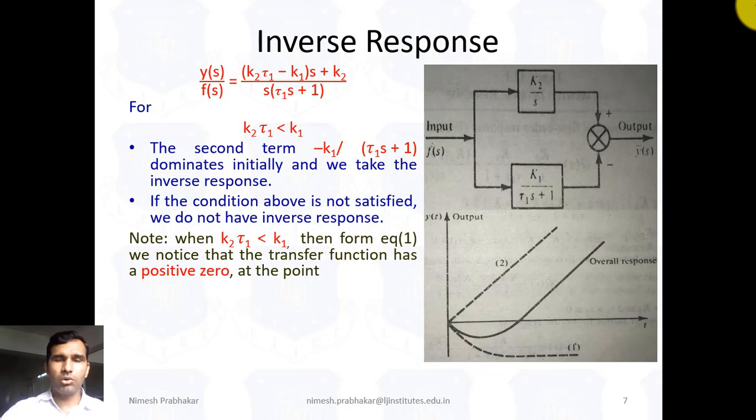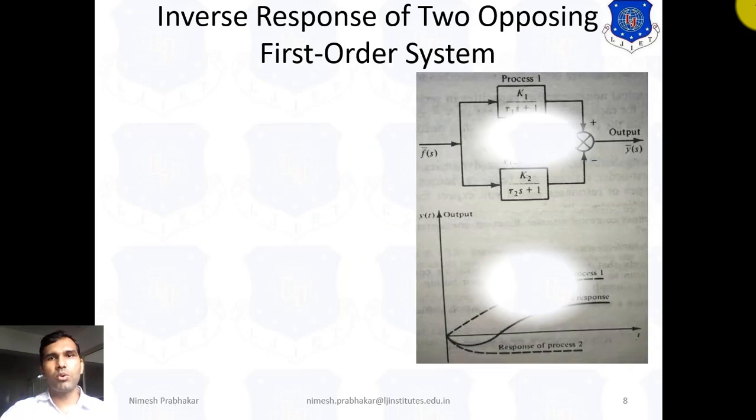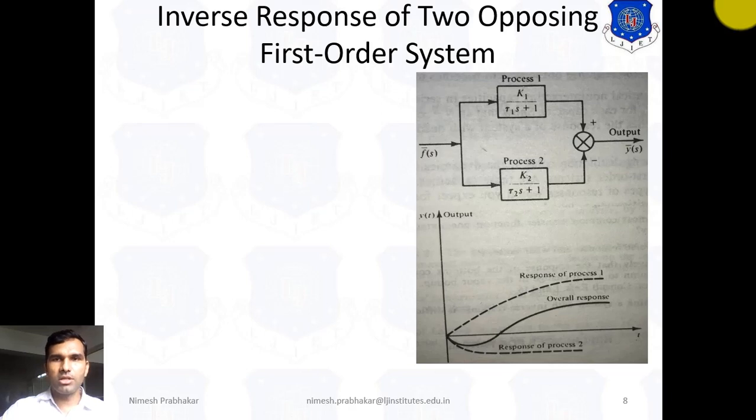Now to understand more, we take another example, the inverse response of two opposing first order systems. So this is first order system 1 and this is first order system 2. Here we connected these systems in an opposing manner. That means here this is a plus and this is a minus sign.